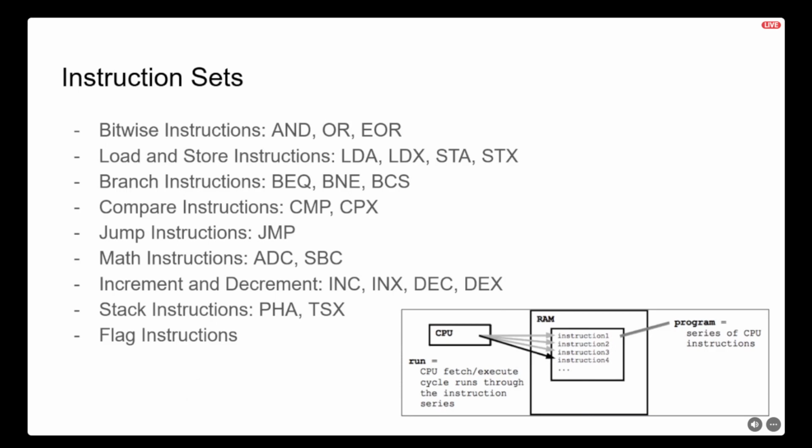For example, the flag C in your instruction is going to signify your carry. So if the carry is set, meaning if the flag C equals 1, we're going to branch. You've also got comparing instructions for comparing data. CMP is going to compare the memory and the accumulator, and CPX is going to compare memory and the X register.